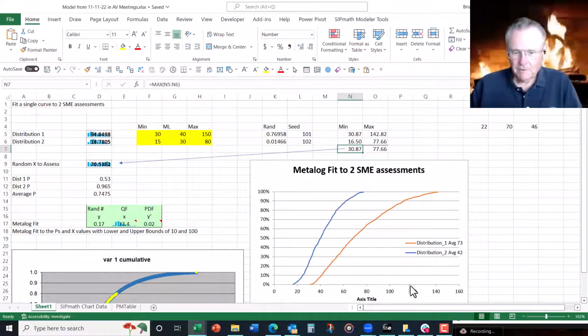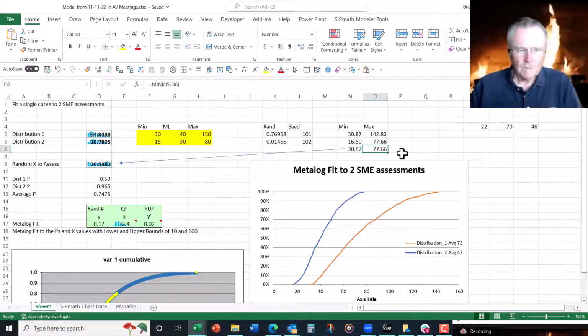If I tried to average them at, let's say, 110, I only have one distribution. So I am only going to sample between 30.87 and 77.66, which represents the maximum of these minimums, and this represents the minimum of the maximums.